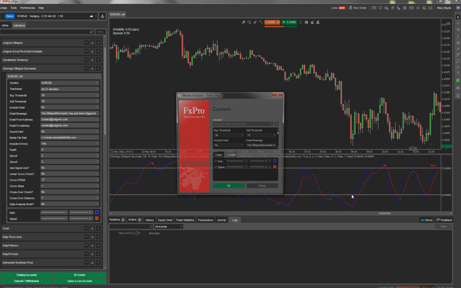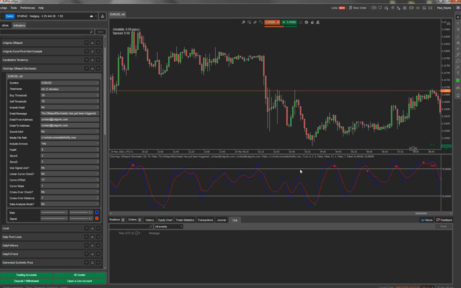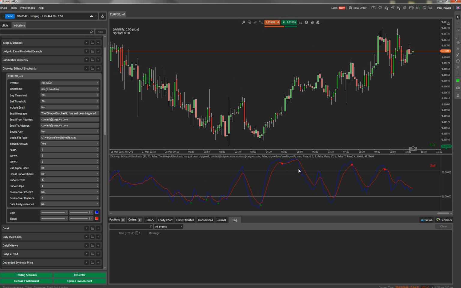If I scroll back to the start on here, we're looking at a price reversal like here, where there's quite a correlation between the price action in the candles and the way the crossover occurs on these two lines of the stochastic. What we're looking at now is the crossover check, which is a very basic check, but I find it very useful.